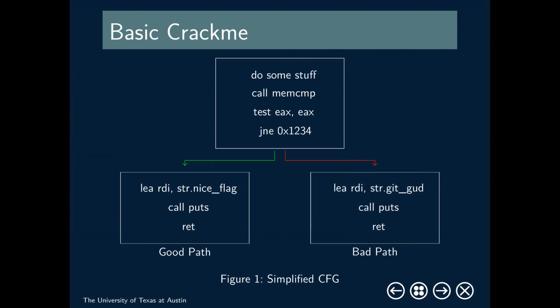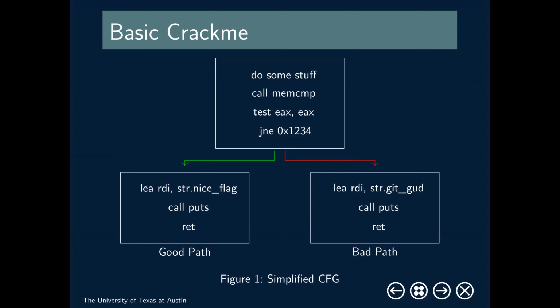We're going to test EAX because mimCompare returns 0 if the two strings match. So if we return 0, we're going to jump to the nice flag path. And if we return something that's not 0, we're going to jump to the get good path.